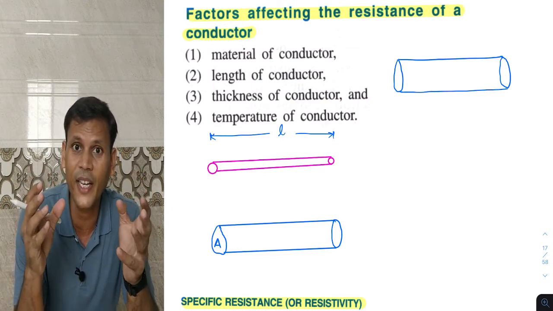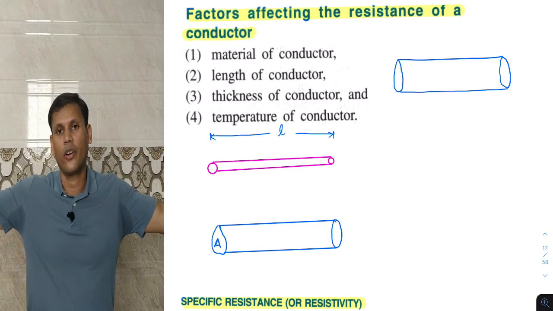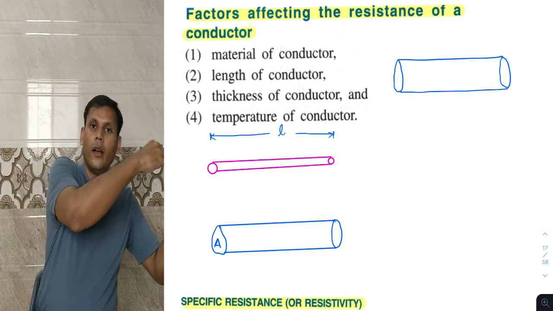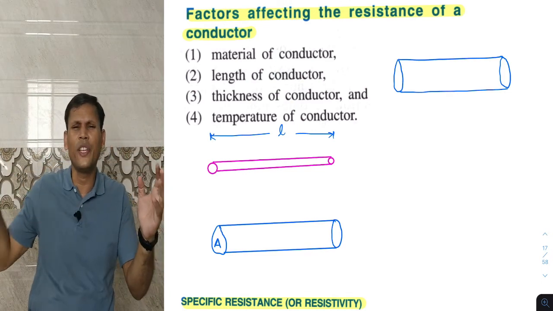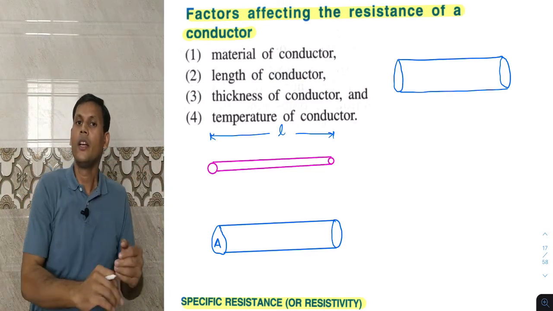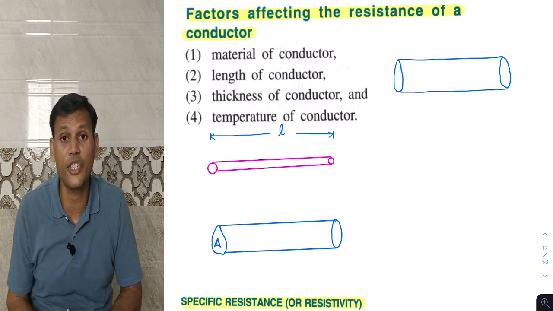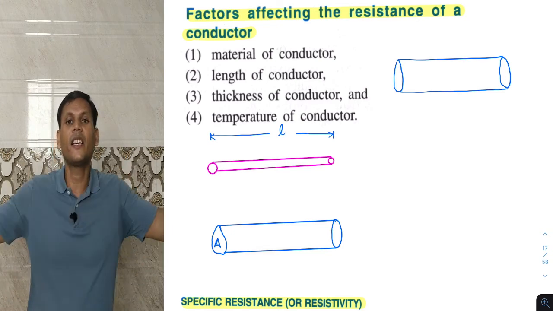Now imagine if the conductor is very long. In that case, what will happen? The electron has to travel a long distance. During that, collisions will be more and more. It means resistance will increase with increase in length.